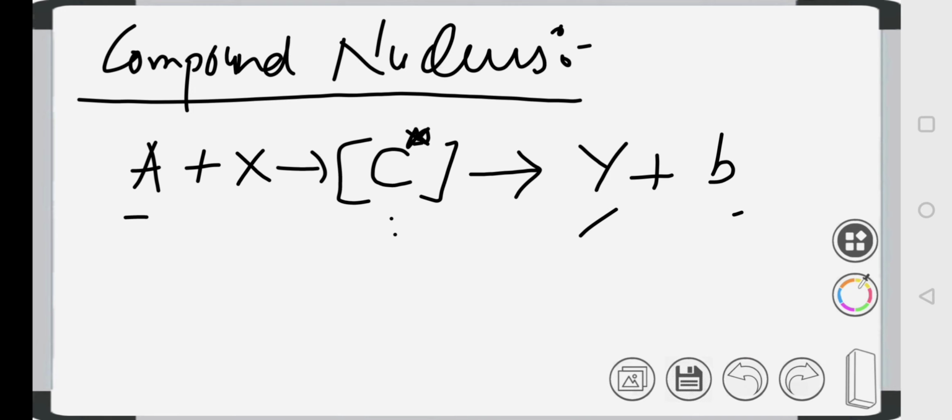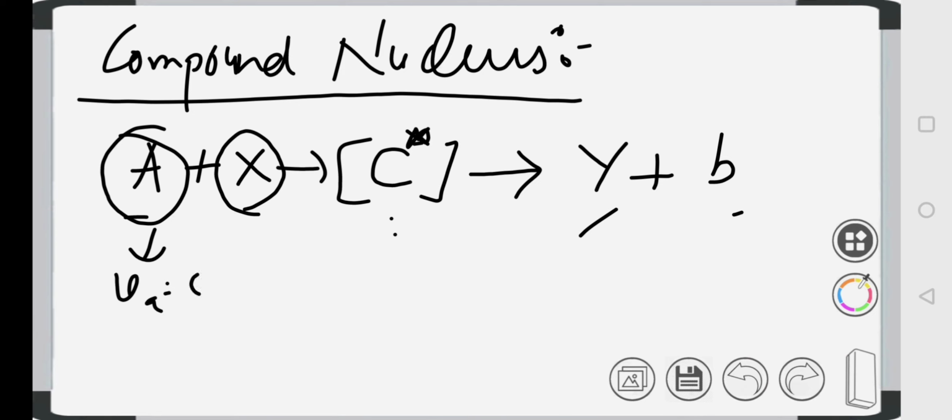And the momentum of the compound nucleus is same as that of momentum of projectile. Projectile velocity is vx, and because this target particle is at rest, VA will be 0.